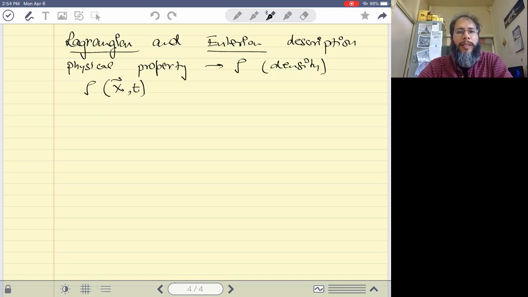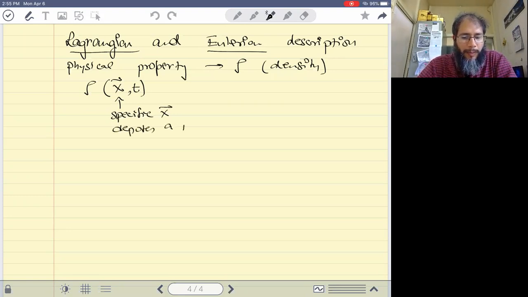Let's try to understand what this means. A specific capital X value denotes a material point, or we should say a material particle.